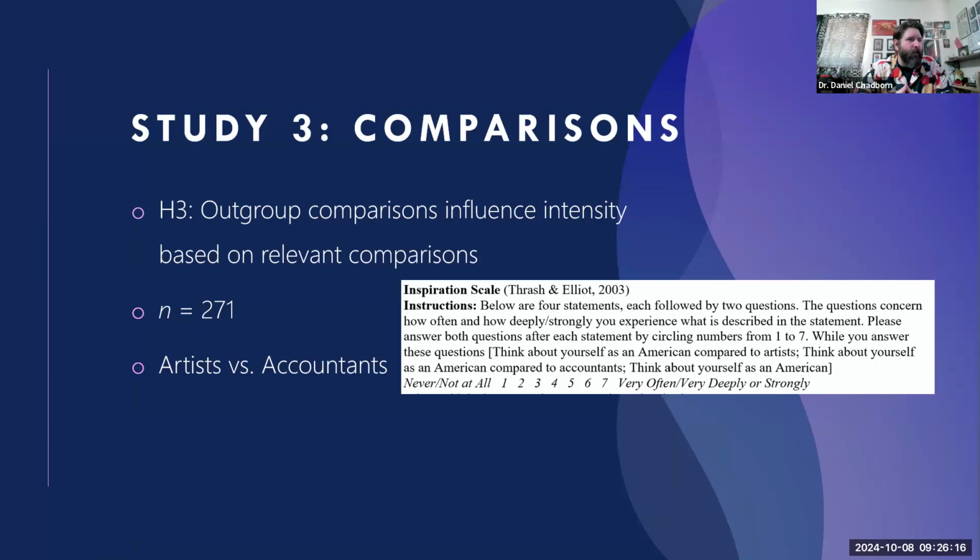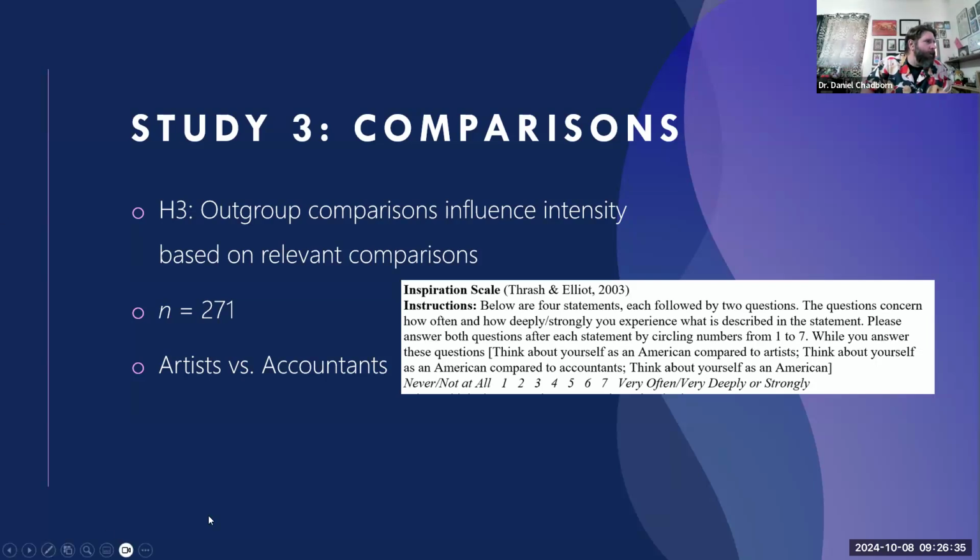So we asked people to compare themselves, as students or Americans, to artists. The idea is that the average person is going to be less inspired than an artist, and maybe more inspired than an accountant.